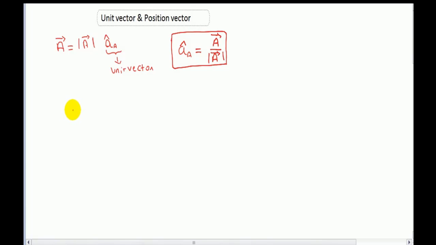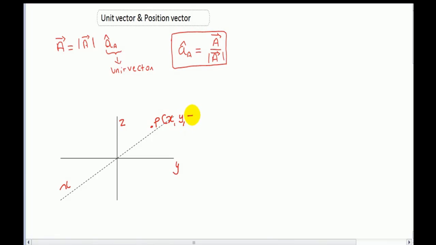Now we will see what is position vector. So for position vector we have to consider a coordinate system. So suppose this is my coordinate system, having here x-axis, here y-axis, here z-axis, and I am talking about a point P which is having coordinates x, y, z.